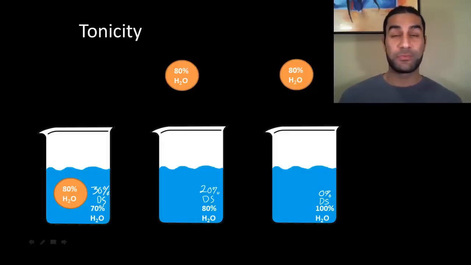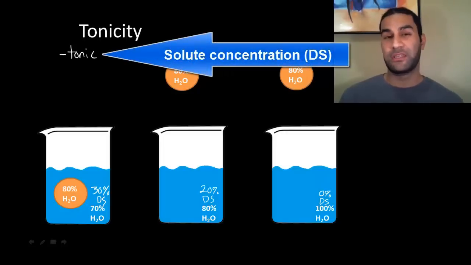There's some basic terms, prefixes and suffixes you need to learn. These are common root words. All of you kids in health sciences and medical terminology and things like that, this is right up your alley. There's some basic suffixes we're going to start with. The first suffix I want to get into is tonic, T-O-N-I-C. If I refer to something as tonic, that means I'm talking about the solute concentration. It's concentrated is what the word tonic means.